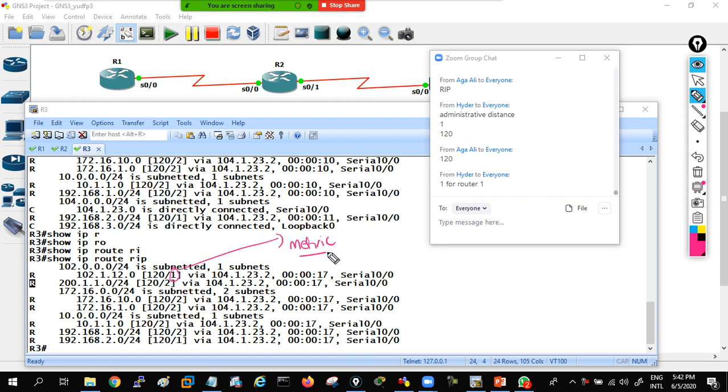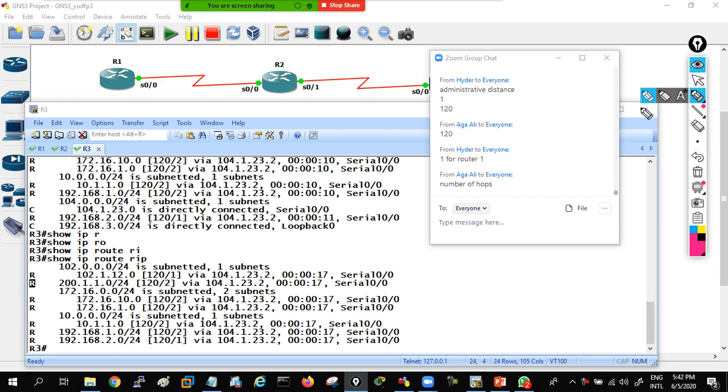Now everybody has to pay attention on this. Seshu, what is this exactly? Yeah, actually it's a hop count metric. Basically RIP finds the best route based on the hop count. Again, let's see here. To reach the 102.1.12 network, router 3 is saying that I can reach it in one hop.